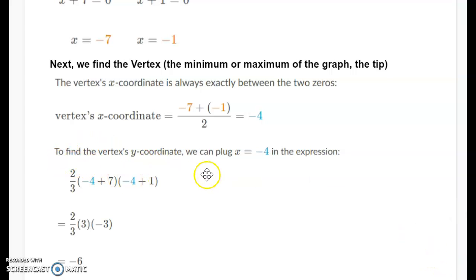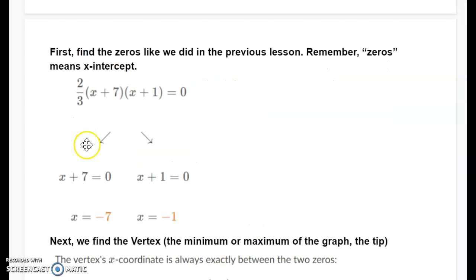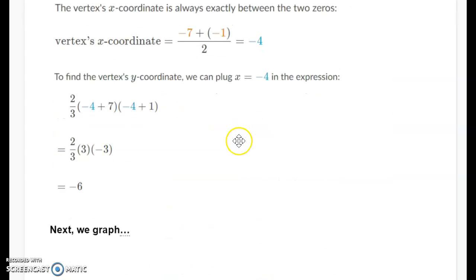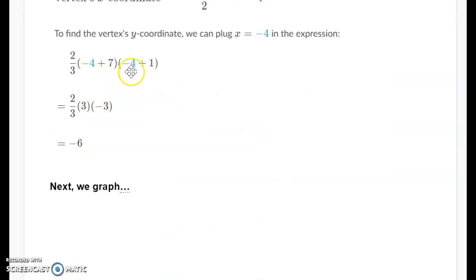So to find the y-coordinate, since we have the x, -4, we'll plug it into the expression. Okay, so our equation that we had up here, now we know what x is, so we take it and plug it in.